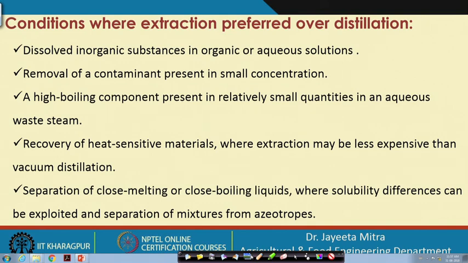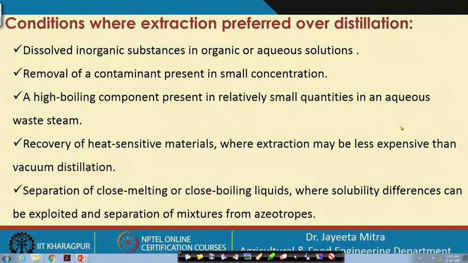If a very small concentration of contaminant is present and we want to separate it by distillation or such methods, it will unnecessarily increase your energy consumption, right. So, then extraction is preferred. Then a high boiling component present in relatively small quantities in an aqueous waste stream.